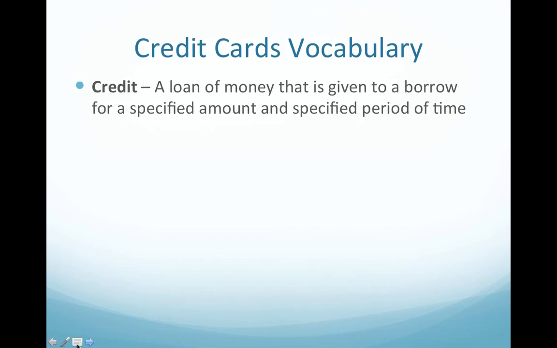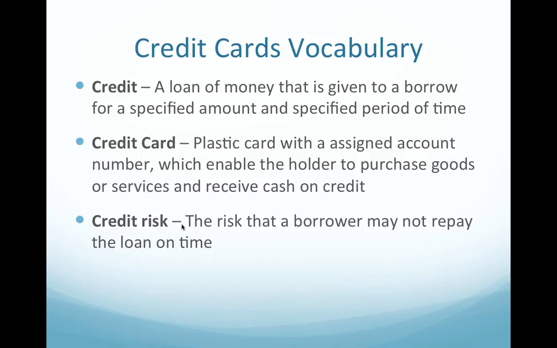Okay, so here's some credit card vocabulary that we need to know, which is very important. Credit card information. A credit card is money that we borrow. It's plastic. There's a risk associated with it, and the risk determines what the interest rate is going to be on it.